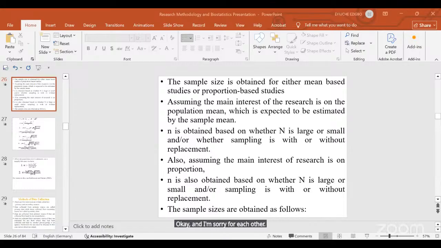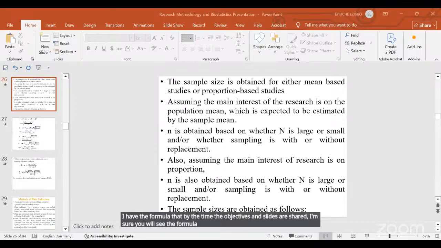You are not sure? Okay, thank God you have something that you are not sure of. I am sure that what you have is correct. But all the same, I have the formula, and by the time the slides are shared, I'm sure you will see the formula there and confirm that it is correct, which I know it is.